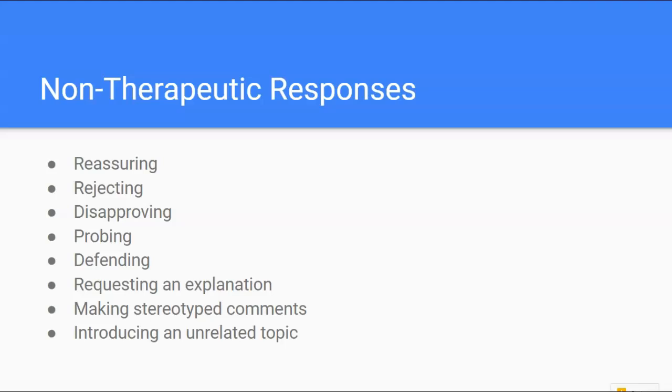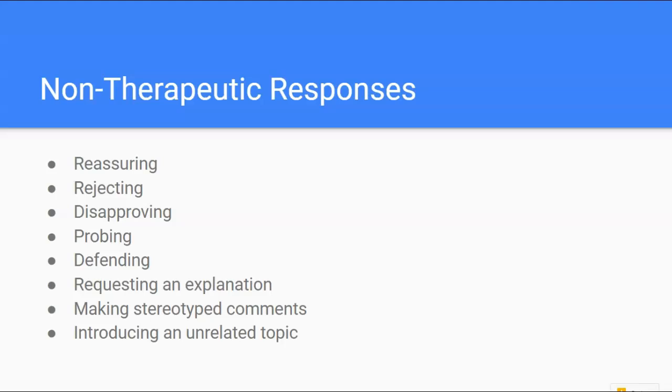Non-therapeutic responses, well, it's the opposite of what we just talked about. Think about maybe if you've gone to the doctor or been in the hospital, things that just didn't make you feel right in the sense of communicating with your provider or with your nurses, or that interaction you had with people during that time.